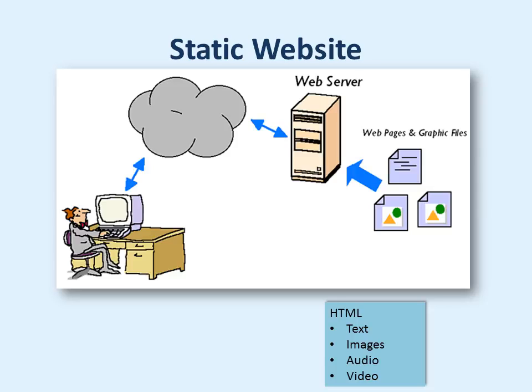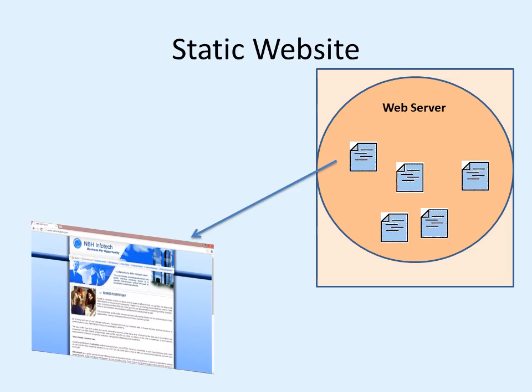Here is a web server, and it has a collection of pages along with other media contents like images, audio, videos, etc. When the user enters the domain name of this website via the internet, he will be accessing these pages. The pages get loaded directly into his machine and rendered inside his browser. So these pages are readily available on the web server; they are ready-made pages.